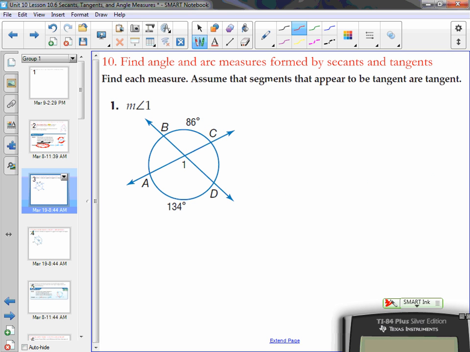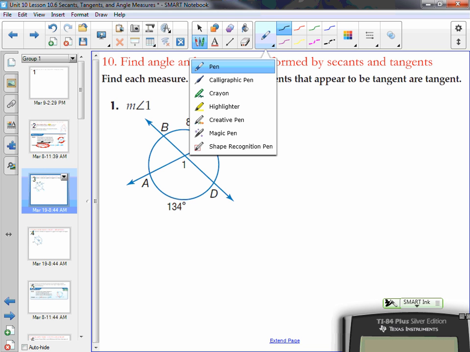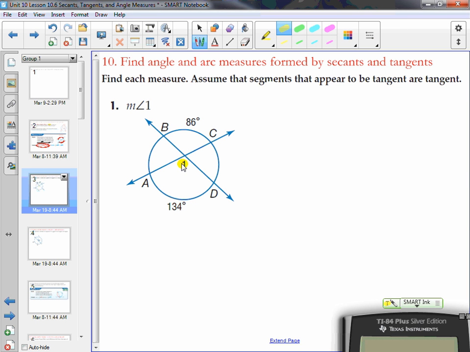Let's try number 1 on page 731. They want us to find the measure of angle 1. And as is common at this point for us, if segments appear to be tangent, then they are tangent. Doesn't come into play in number 1, but it will in a minute.